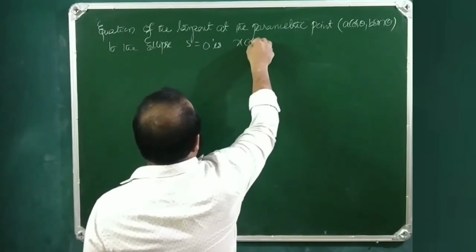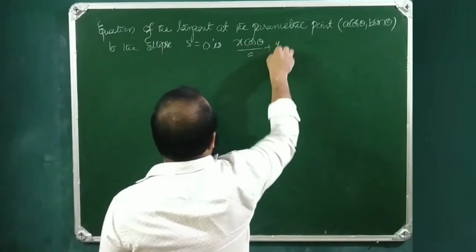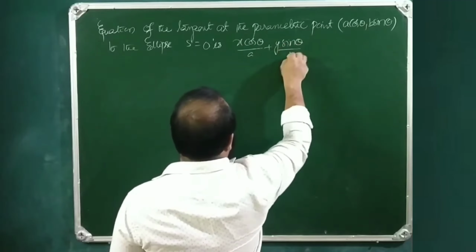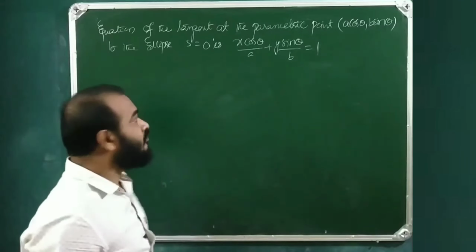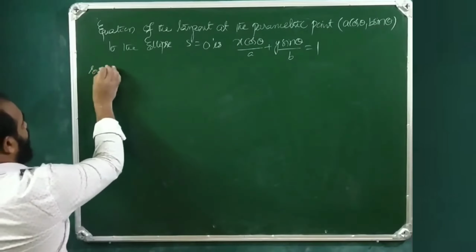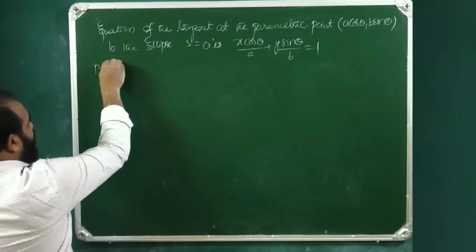x cos theta by a plus y sin theta by b equals to 1. So how do we derive this?